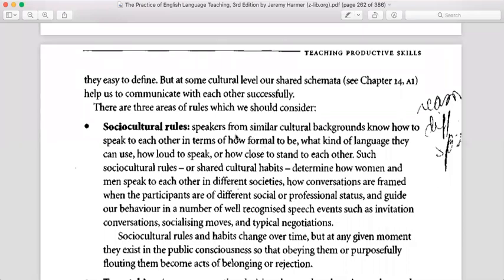And this comes as people grow up in a particular culture. They share a cultural background and they know how to speak to each other in terms of how formal to be. Like you need to be formal with your elders, you need to be formal with your teachers, what kind of language they can use, how loud to speak or how close to stand to each other, right?